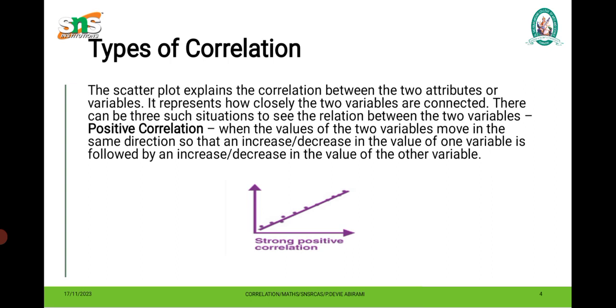If the price is very high, for example, if the gold rate is very high, then the purchasing of gold will be very low, which shows that the sales will be less. So this type of correlation is said to be a positive correlation and it is shown in a diagrammatic representation. Here both the x and y values are increasing in the same direction. Therefore, the scatter diagram is said to show a strong positive correlation.